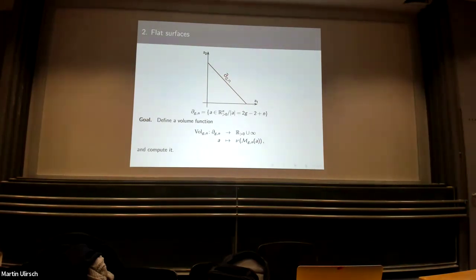I will try to motivate a bit why this function can be interesting when we study this sort of space. But the goal is to define a certain volume function and compute it. This volume function was defined in the 90s, and I will say how to compute it. In general, I will assume that A is not entirely integral, because it makes some problems.